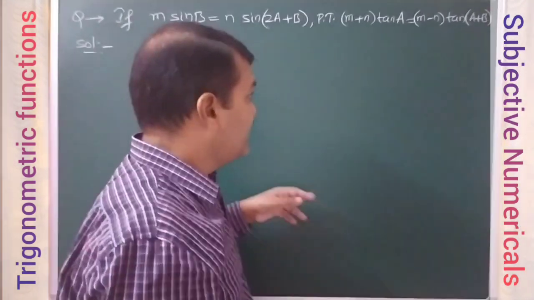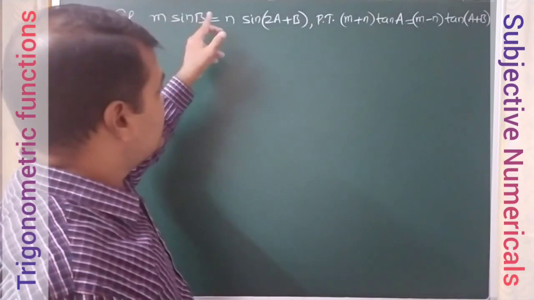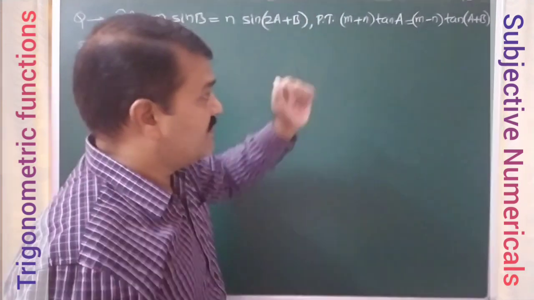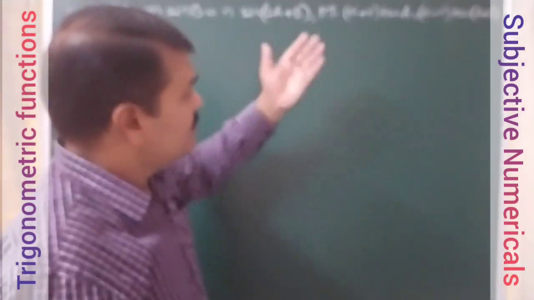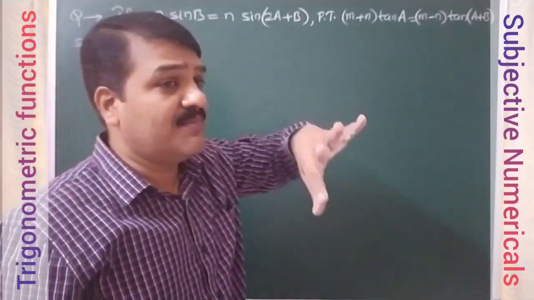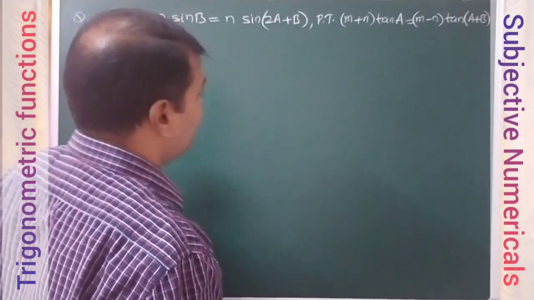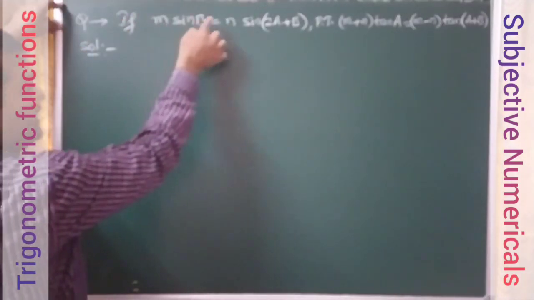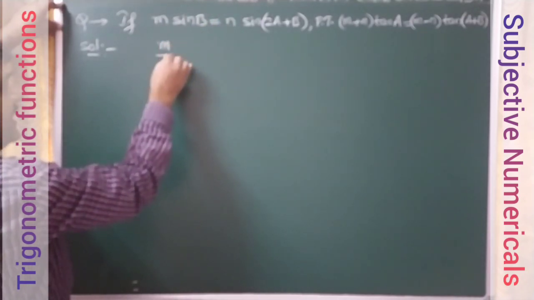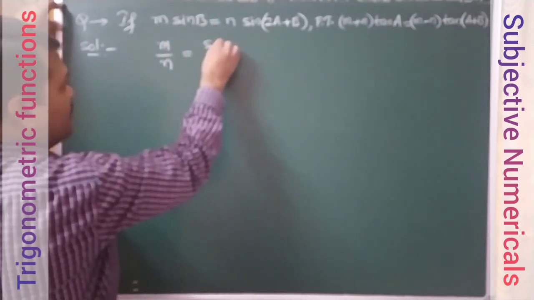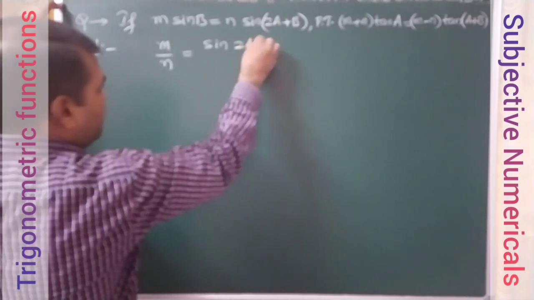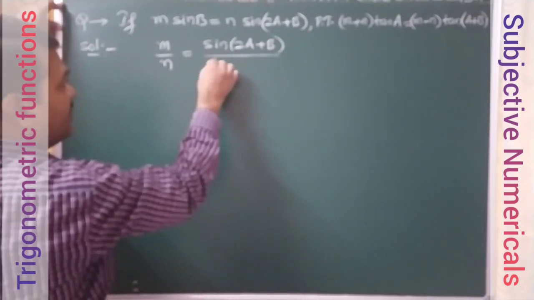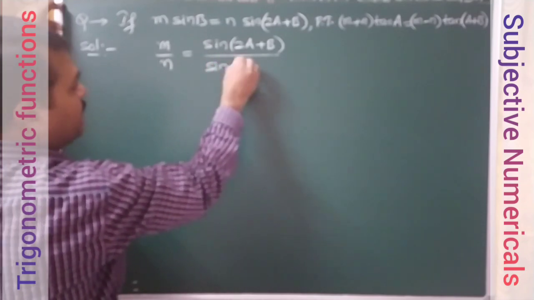So this is the given condition, m sin b is equal to n sin of 2a plus b, and this is what we have to prove. So this is a clear-cut problem of componendo and dividendo. We can clearly observe here, I can write the given equation as m by n is equal to sine of 2a plus b by sine of b.